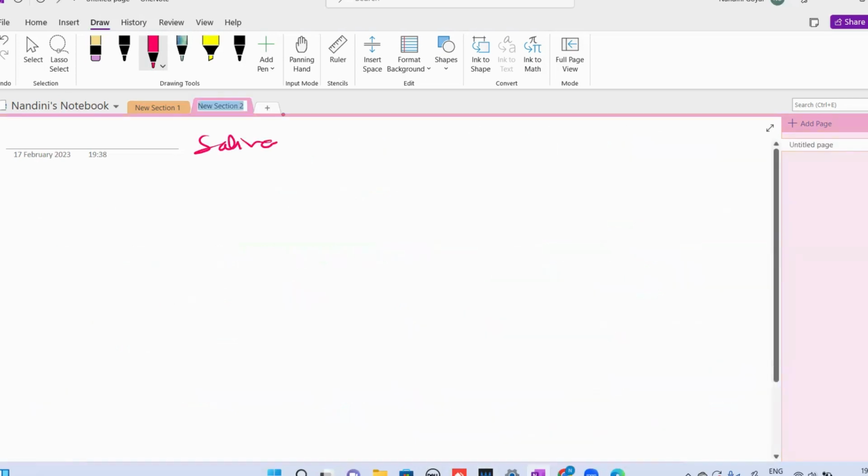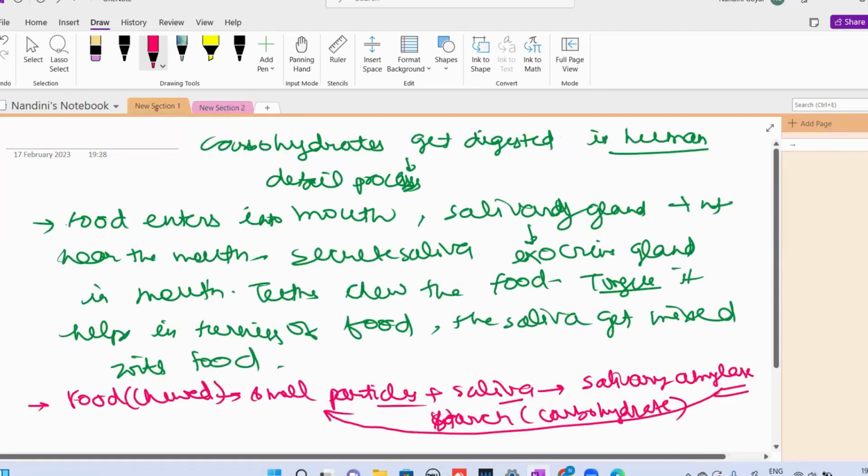So saliva hydrolyzes starch and converts it into maltose. First thing that I told you, saliva contains salivary amylase.